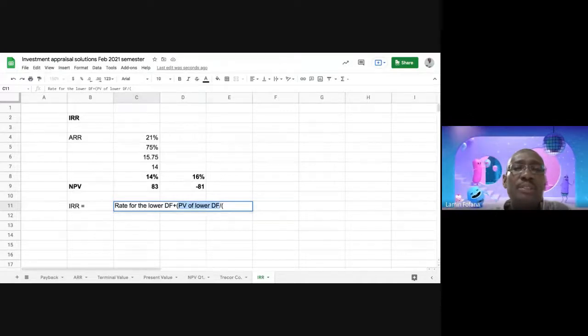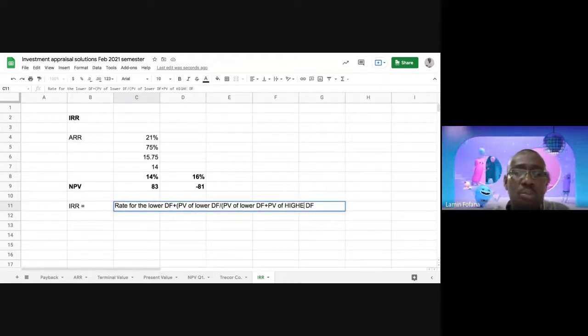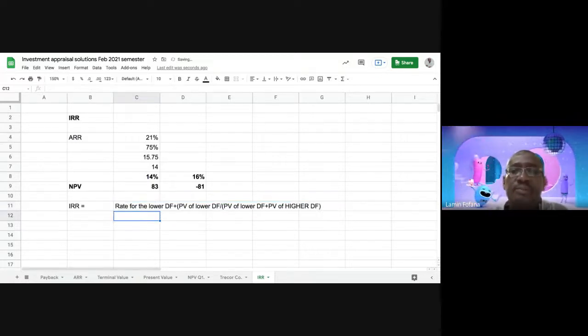It looks big, but it's not difficult at all. So present value of lower DF divided by present value of lower DF plus present value of higher DF. Okay, then all that multiplied by the difference.